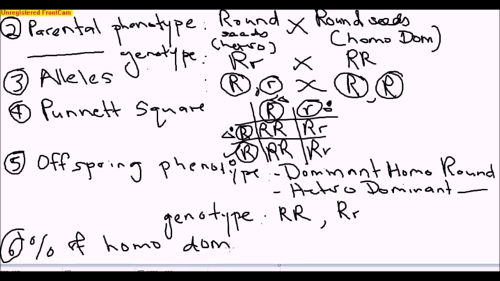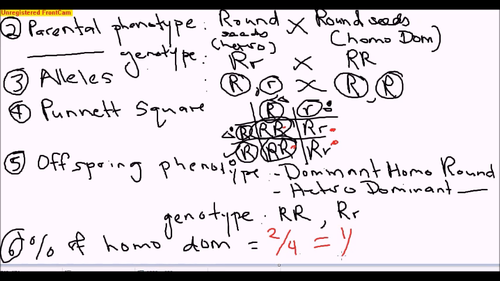Remember, in the test you have to write full sentences, right? So how many are dominant? 1, 2, right? And out of how many? 1, 2, 3, and 4, right? So 2 out of 4.